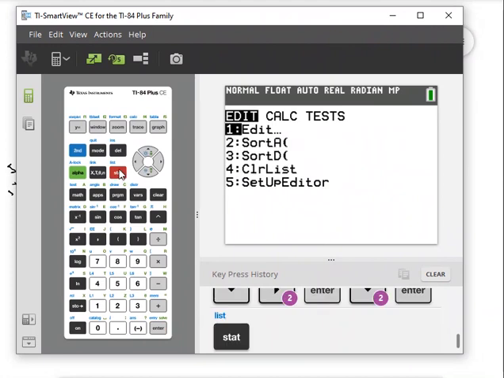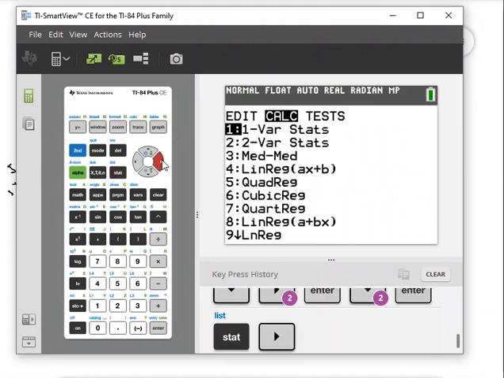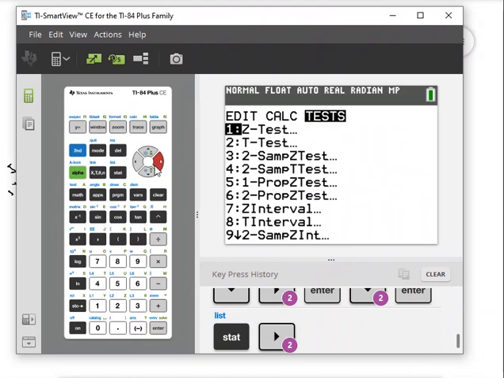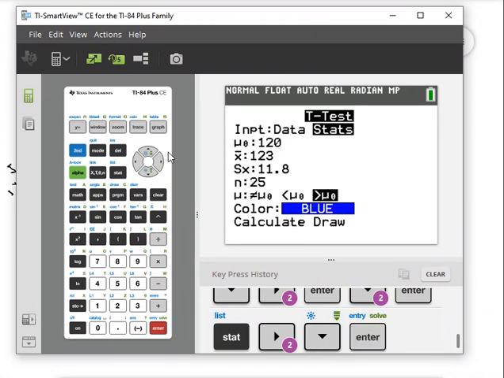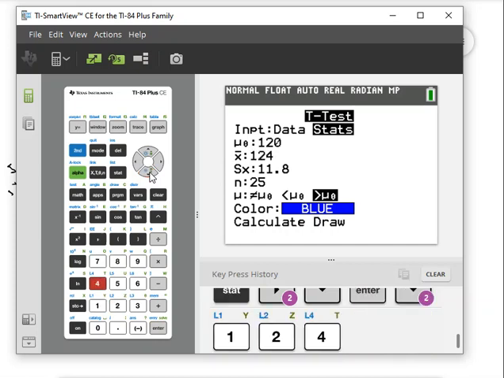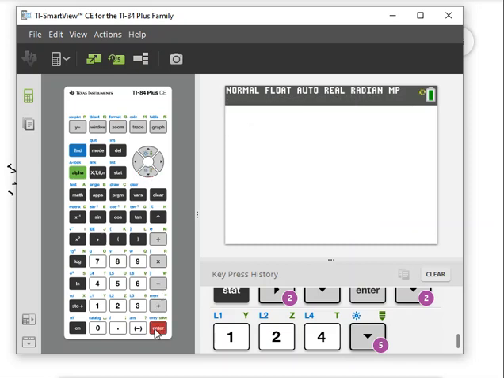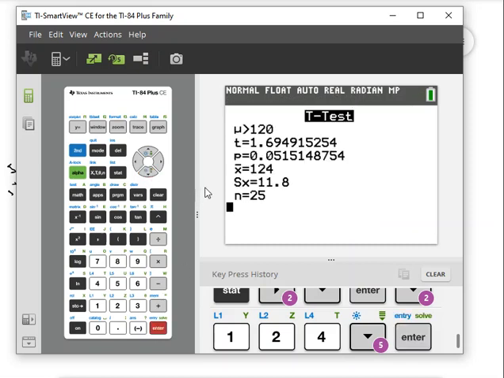I've got to remember to click this slower or I get the wrong number. Okay, so the t-test: 120 is our claim, 124, 11.825, right? I think we got it this time. Much better.